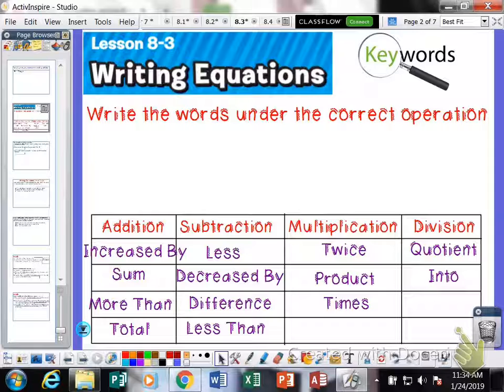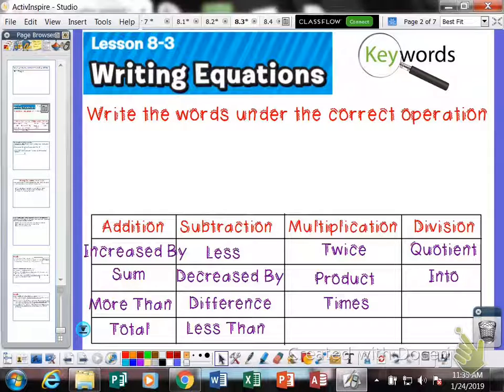As you already know, in the classroom we have the posters hanging on the wall, and there's even more than the ones we've got here. So you have lots to use to differentiate between these four different operations.